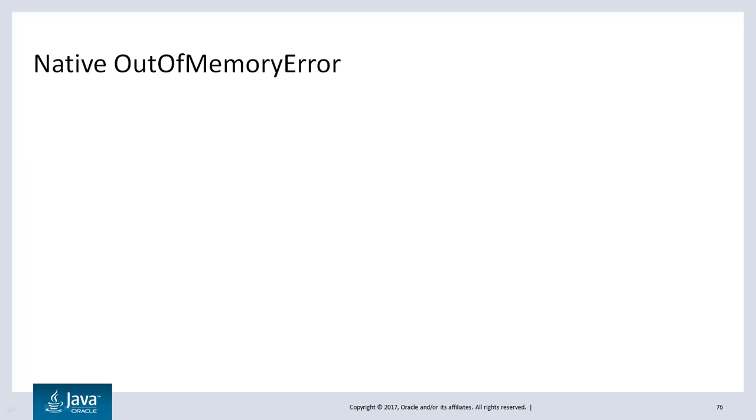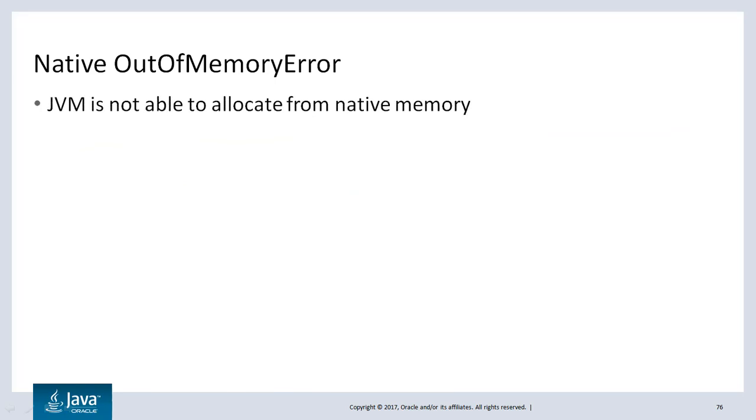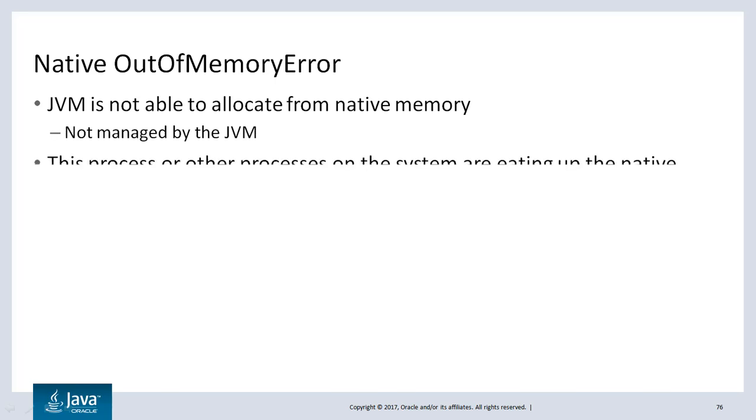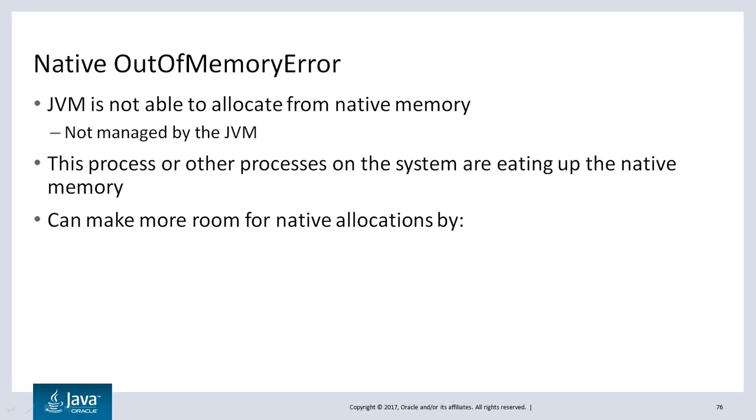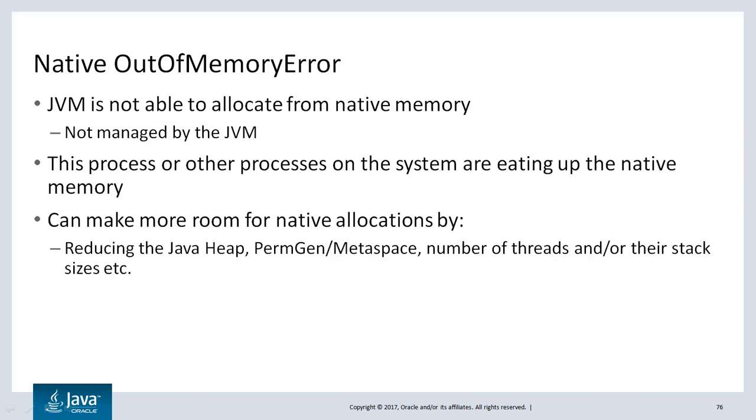We encounter native out-of-memory errors when the JVM is not able to allocate from native memory, which is not directly managed by the JVM. This can happen when the current process or other processes are using all of the available native memory. We can try to make more room for native allocations by reducing the sizes of Java heap, metaspace, reducing the number of threads, their stack sizes, and by terminating some of the processes that we don't need running on the system.